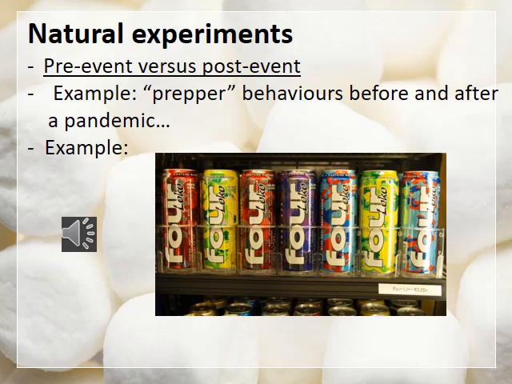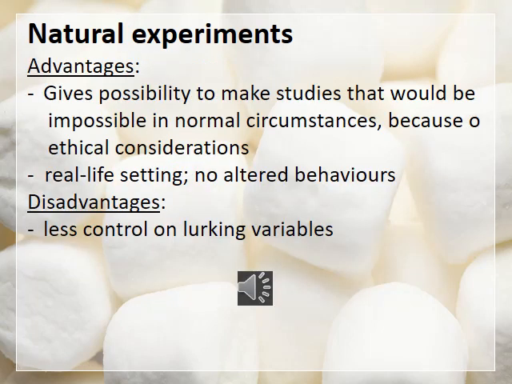Chances are more people are going to show prepper behaviors after the pandemic. So that's another example of a pre-event, post-event natural experiment. And history will tell us the result. So that's it. Oh no, we have one more slide.